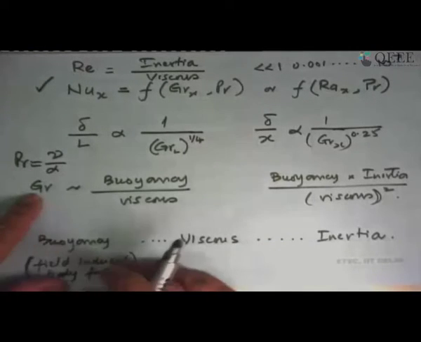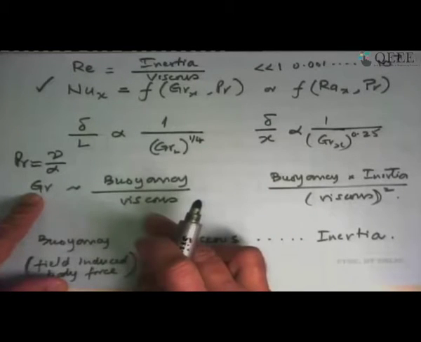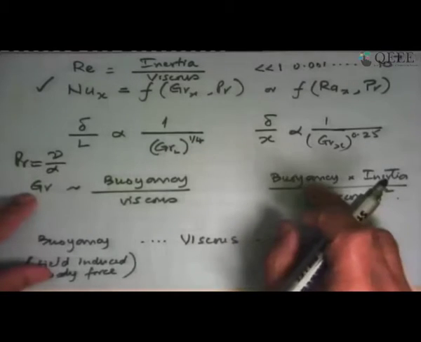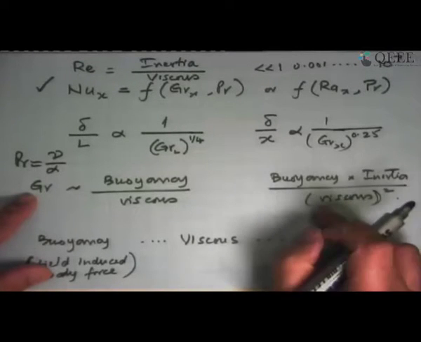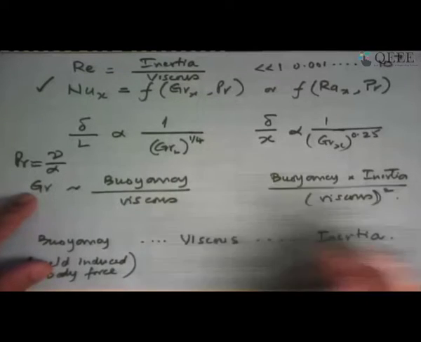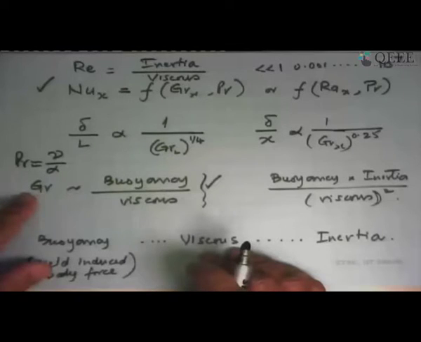Grashof number, in a sense, represents the ratio of buoyancy forces to viscous forces. Some could argue that Grashof number is a product of buoyancy to viscous forces multiplied by inertia to viscous forces, but essentially this is what Grashof number is telling us.